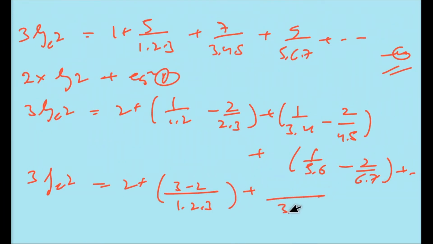Again, we take the LCM of 3, 4, 5, then we get 5 minus 6.